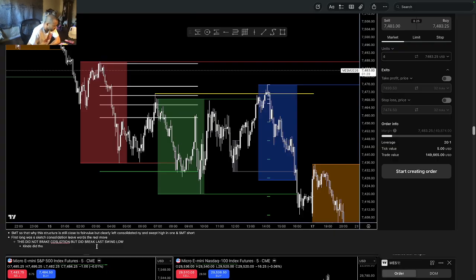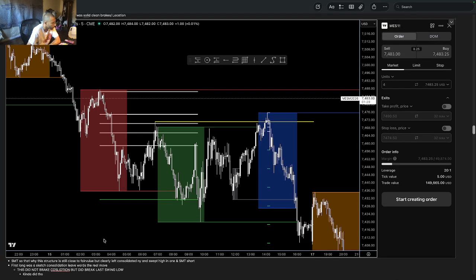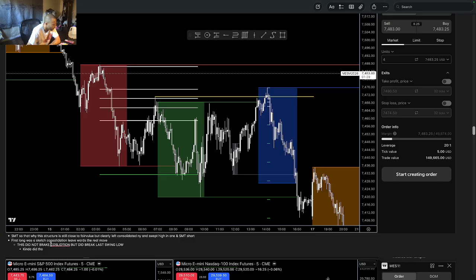First long was sketchy, consolidation leaves toward the real move. This did not break consolidation, but did break last swing low. Kinda did though.